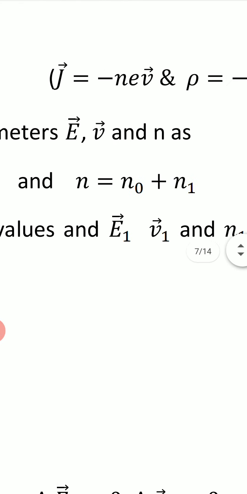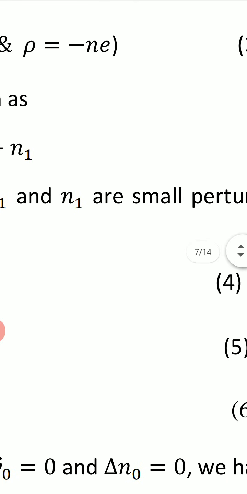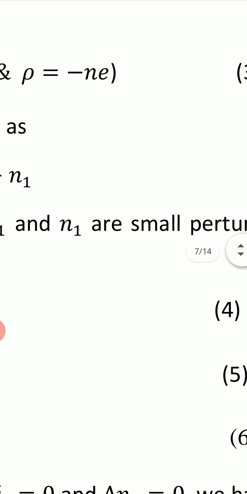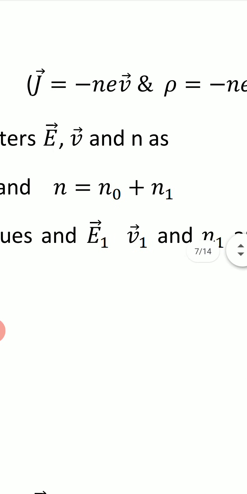since we have rho charge density as equal to minus Ne, it is charge of electrons per unit volume. N is the number of electrons per unit volume, and the charge on each electron is minus e. So the charge per unit volume, that is charge density rho, is equal to minus Ne, and current density J is given as minus NeV. Here also minus e is the charge on electron.